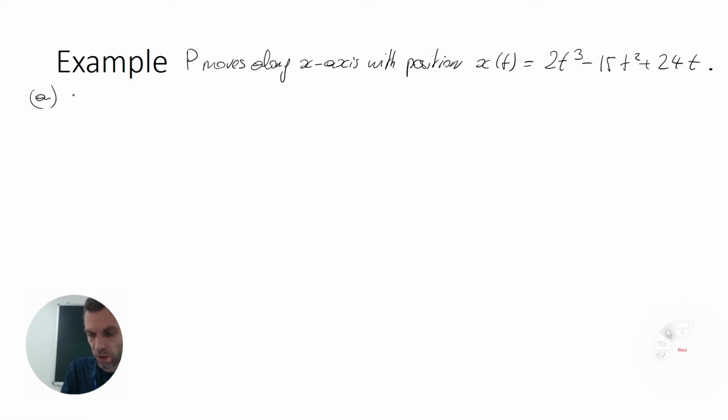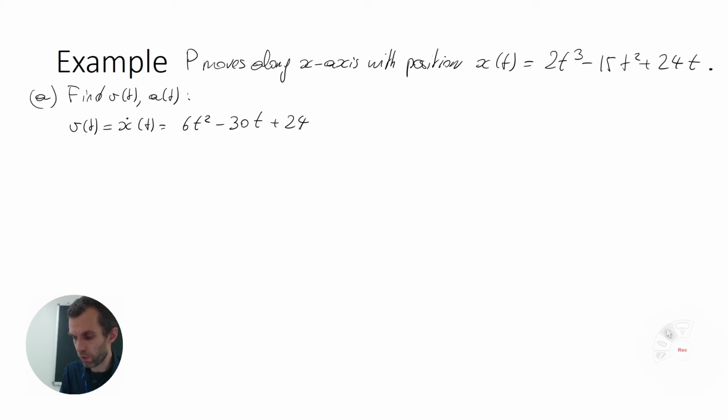So first, find v of t and a of t, the velocity and the acceleration. So for that we need to compute the derivative, and we get 6 times t squared minus 30 times t plus 24 for the velocity, and for the acceleration we have 12t minus 30.